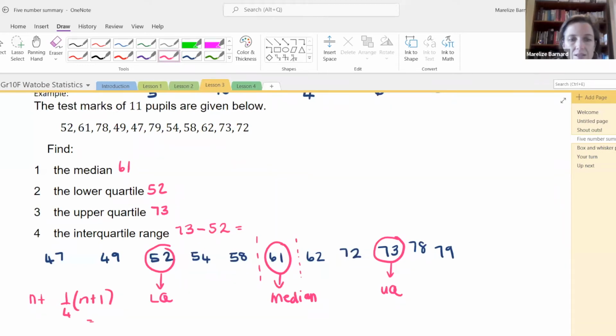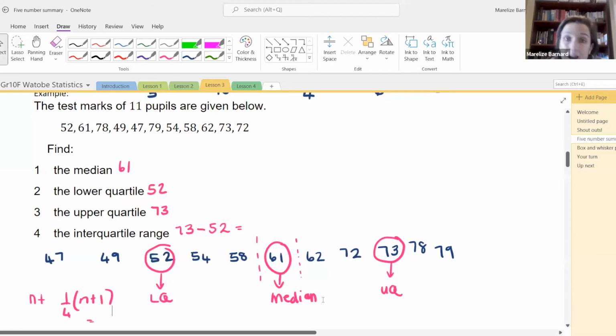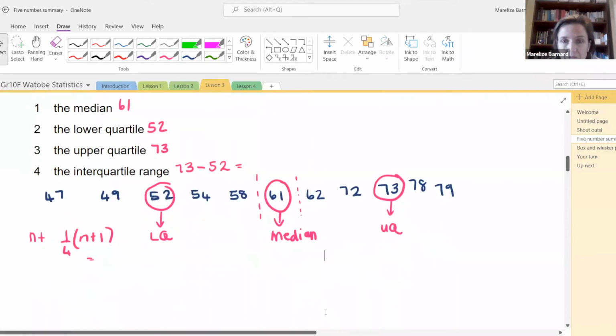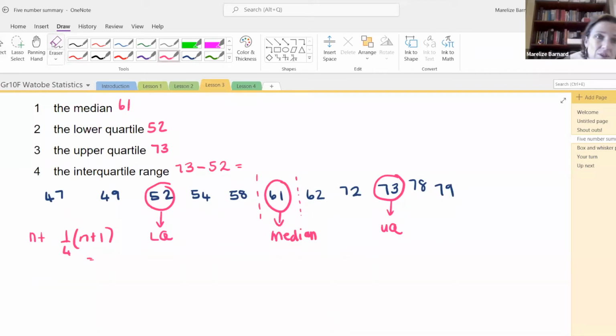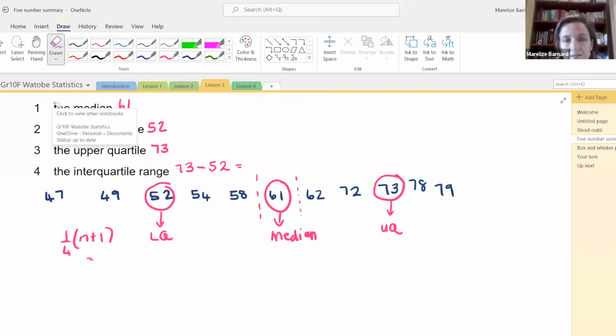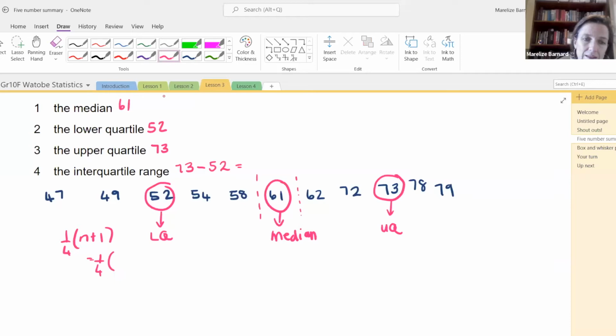Yeah, okay, so let's talk about that formula. I personally prefer just doing it using logic instead of a formula, because that just means I've got another thing I need to memorize. But if we think about what that formula says, it says I need a quarter of my data values. So a quarter times (n plus 1) is 11 plus 1, so a quarter times 12.